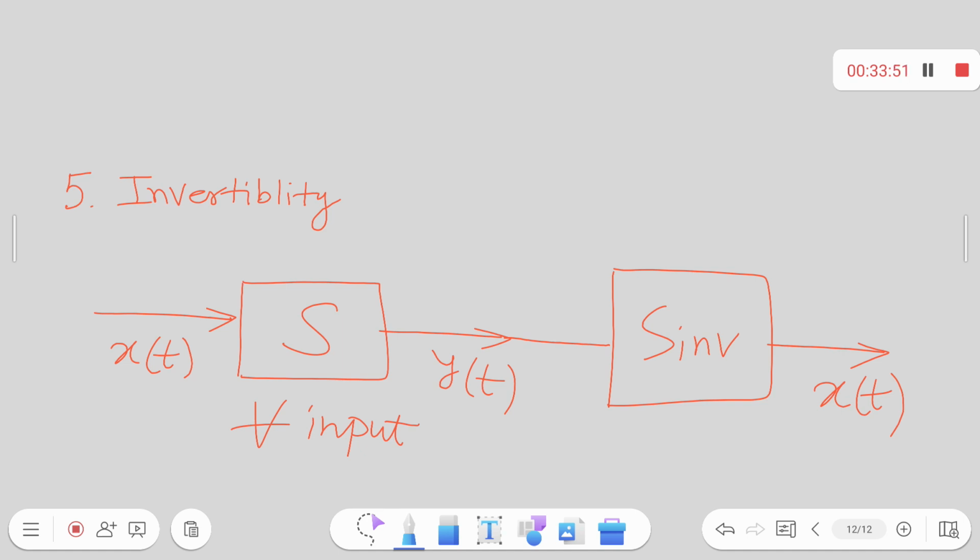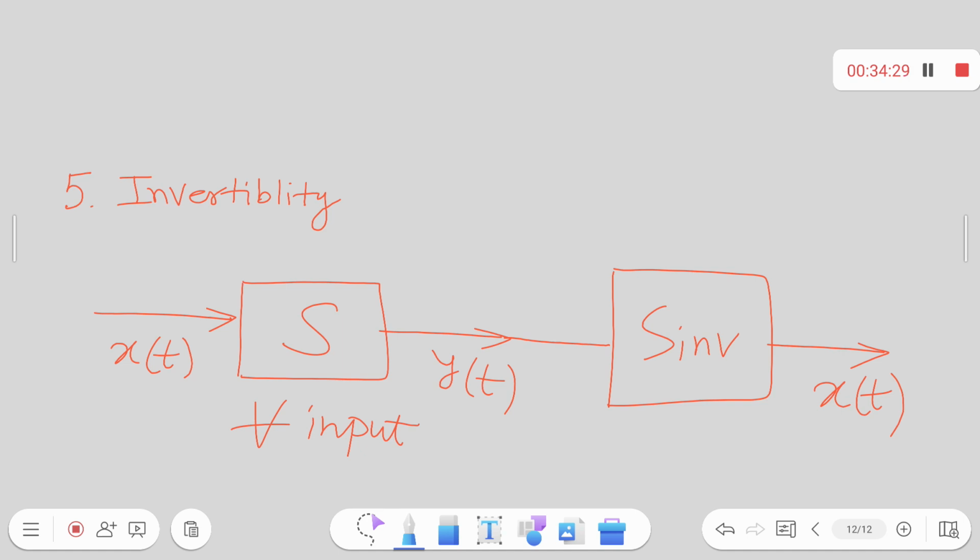Now, there could have been some system for which this one-to-one mapping is absent. It is possible. You know, a system is a mapping from signal to signal. So there could have been one-to-one mapping. You have studied functions in your class 11, class 12 mathematics, right? Since it's a mapping, it could have been one-to-one mapping, or it could have been many-to-one mapping.